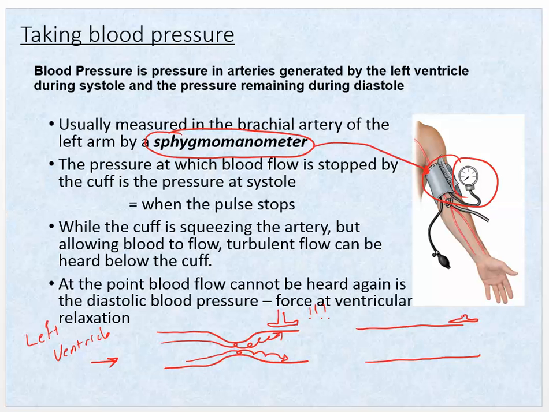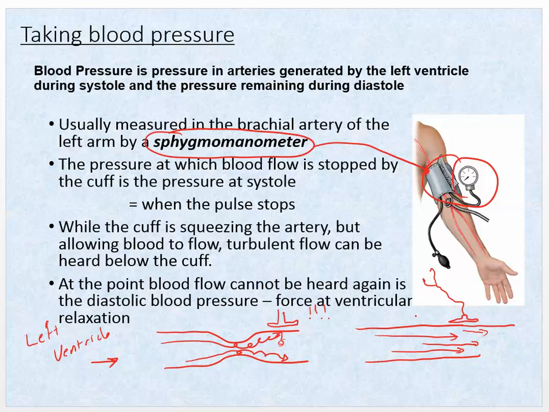This is our stethoscope. We're listening, and at some point all the sound is gone. That's because this is the lowest pressure that your arteries will experience. That's the lowest pressure. At that exact moment where all of a sudden this sound goes away, that's the pressure.